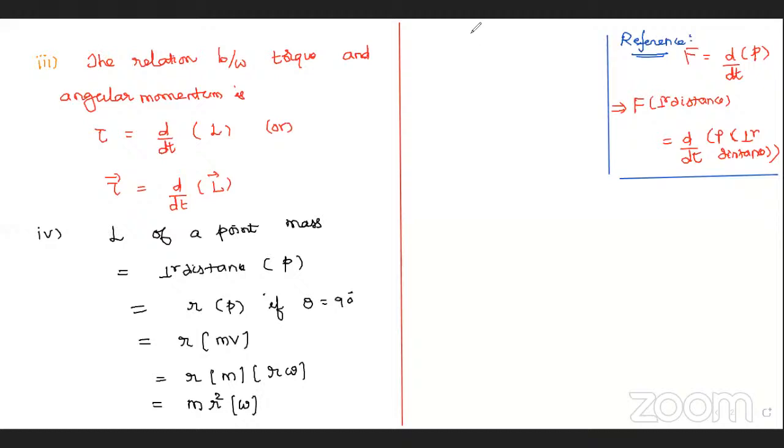Thank you, Nana. That implies L is equal to mr square into omega, since v is equal to r omega. Then come back to here: L equals mr square, which I write as I into omega.